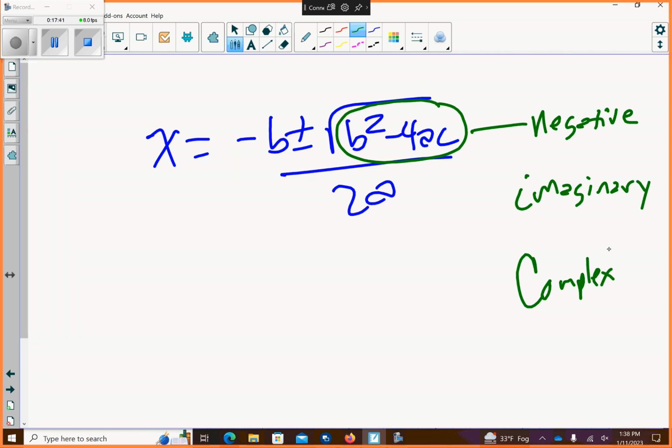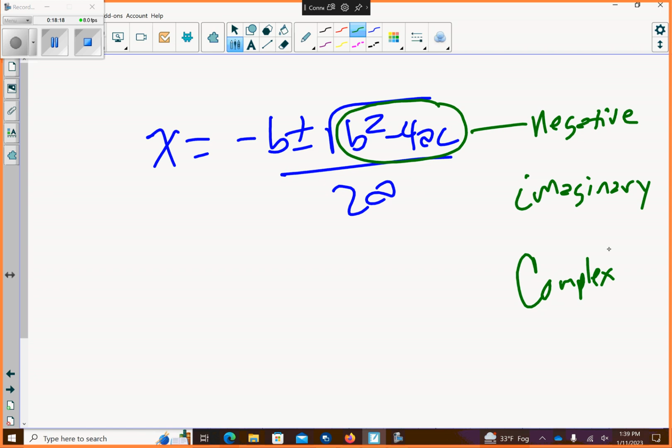And then through Algebra 2, and possibly Algebra 1, you came across the imaginary number system because you could take the square root of a negative number. That's where you started putting i in, and i is not a variable. i means it's part of the imaginary number system.